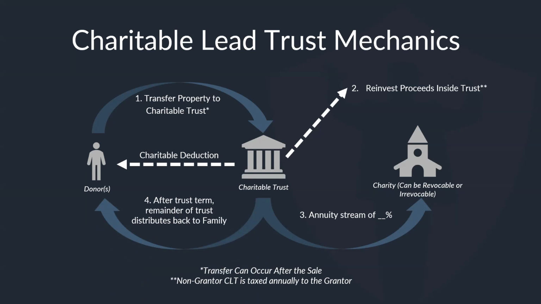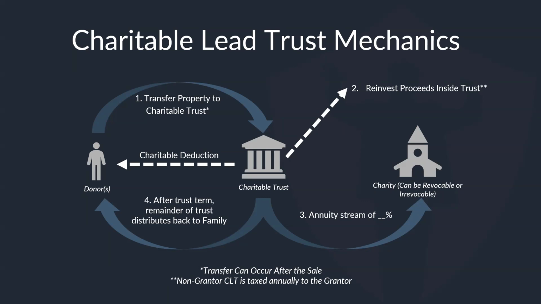So over that time period, whether it's a 10- or 15-year period, think about how this works. We're going to have the money transferred into the trust. The trust is going to have growth on that money. That growth, if it's triggering taxable income or gains, will be taxed back to our client each year. That balance will be reduced by the annuity payment we pay out to the charity.